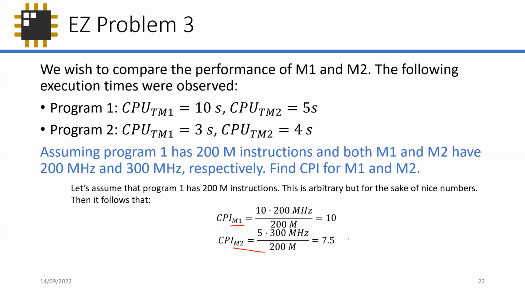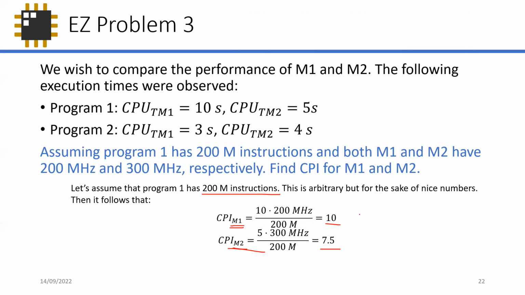Now the bigger question is, if I have a CPI of this much, does it automatically mean that machine two is definitely better than machine one? The quick answer is, if we have to make assumptions, and the assumption is that you're only given this amount of instructions, then machine 2 will definitely be better than machine 1. Why?